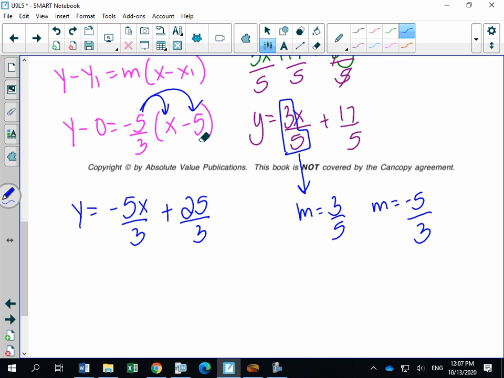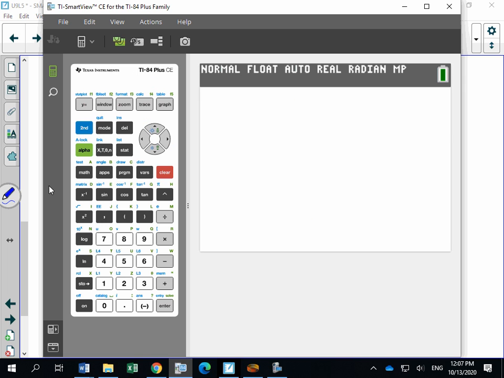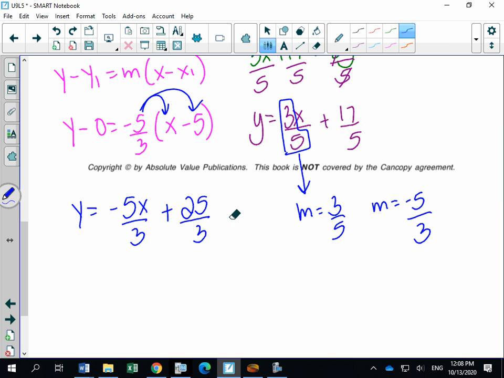Okay, so from here, now I've got what my slope is. So it's that perpendicular slope, negative 5 over 3. I've got my y-intercept. Oh, what can I change this to? 25 over 3 is not a nice number, right? That's going to give us a fraction. So we'll just keep it right now. We won't put 8.3. We'll keep it as is.